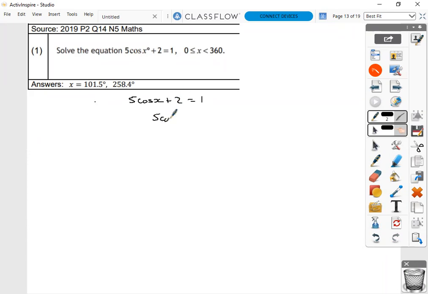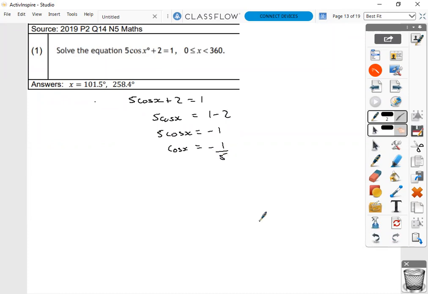So I'm left with 5 cos x on the left-hand side, and on the right it's 1 minus 2. Tidy that up. Then I can move over the 5 to leave the cos x on the left-hand side. It's a multiple, so it becomes a divide, and I get that.